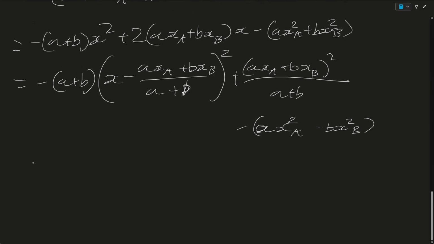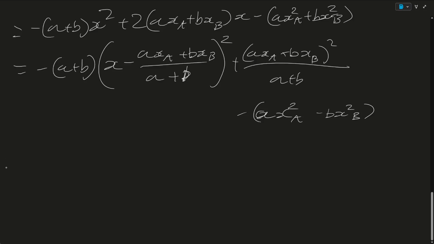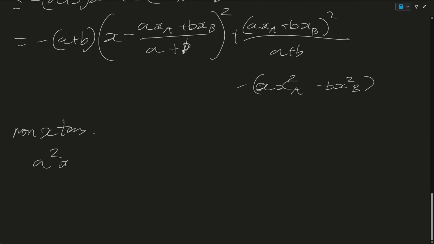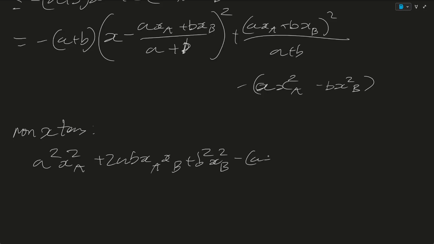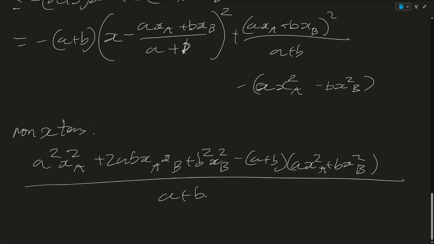We can do something with this, just the last two terms: a squared x_a squared plus 2ab x_a x_b plus b squared x_b squared, minus (a plus b)(a x_a squared plus b x_b squared), all over a plus b.